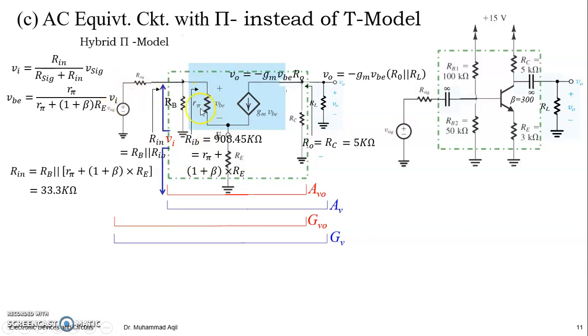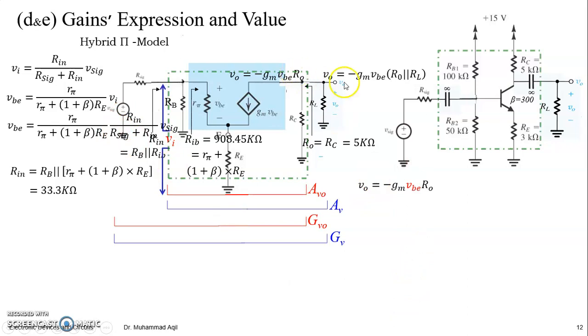So V input is further divided into these series resistances, right? So VBE directly has a relation with V signal through this appearance, right? So now we already know without RL is this one.